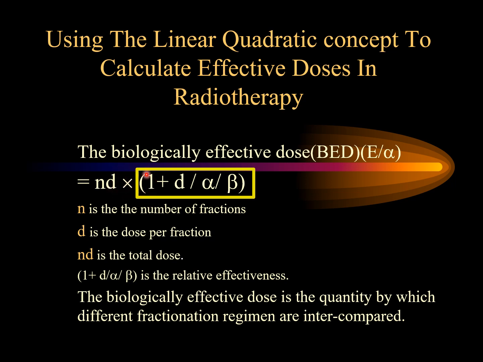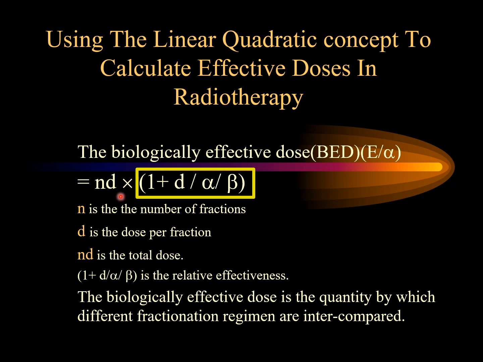Multiplied by 1 plus D over the alpha beta ratio. 1 is a factor, and if you want to know exactly how we created this equation, I would like you again to refer back to the paper that we just mentioned at the beginning by Professor Jack Fowler, 7 Steps to Heaven.